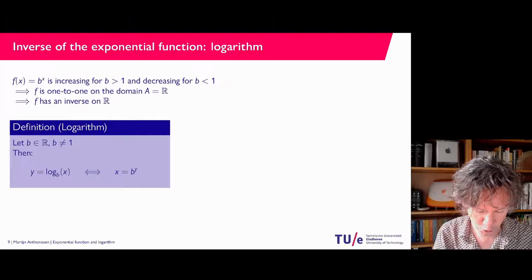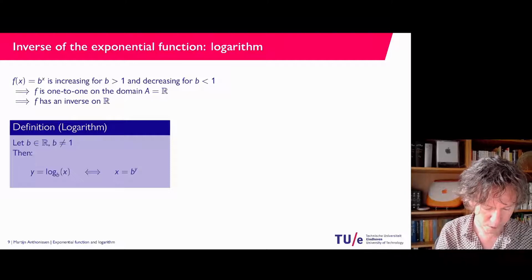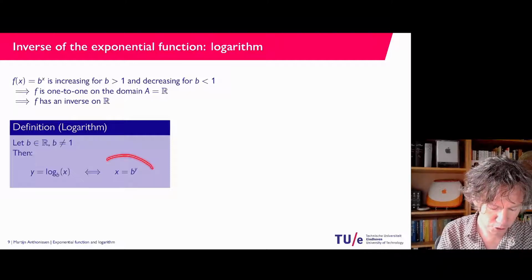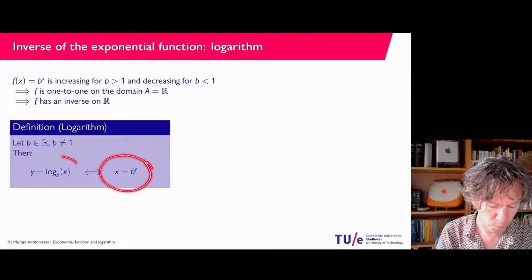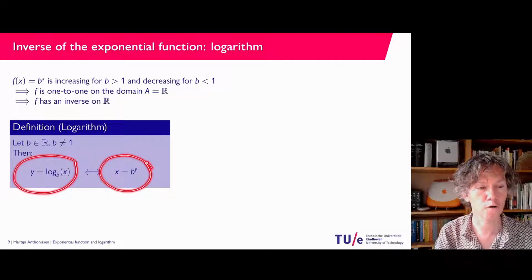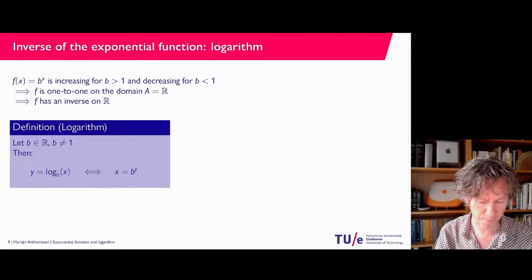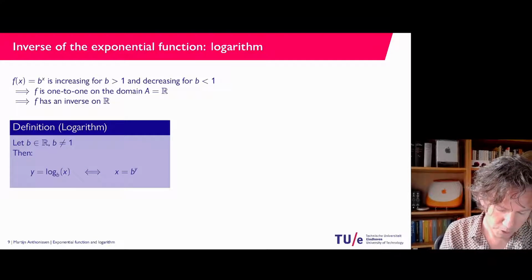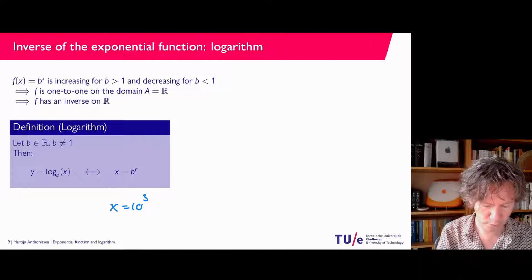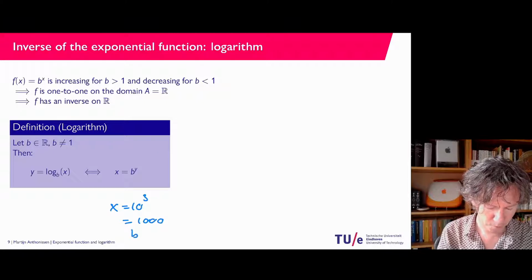And that inverse is special, and that inverse we call the logarithm. So if x is b to the power y, then y is the b log of x. So this is the definition of logarithm. For instance, say x is 10 to the power 3, so 1000. Then apparently b equals 10, that's the base, and y equals 3.